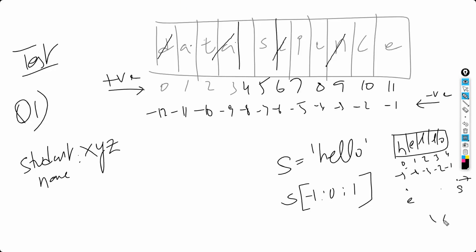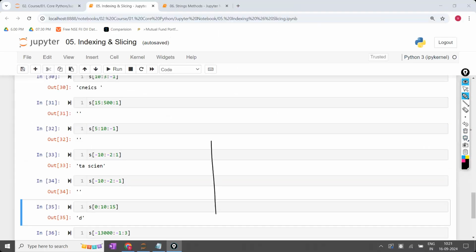But if that is the case, a starting point will be available for everything. For every empty string, one starting point will be there.